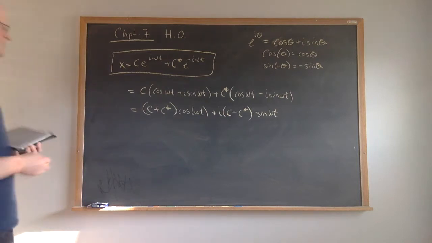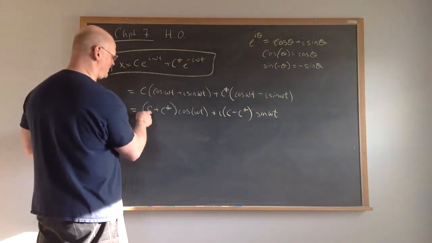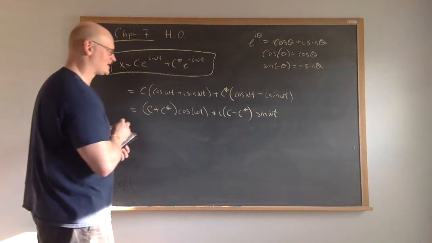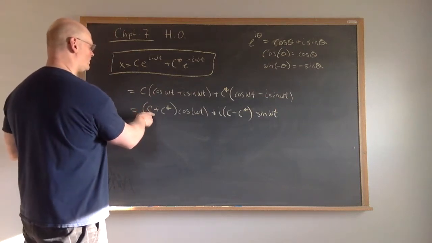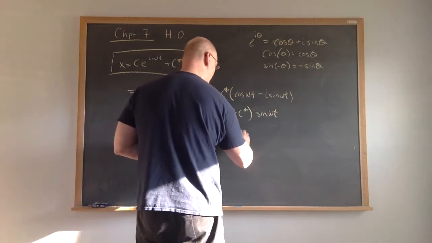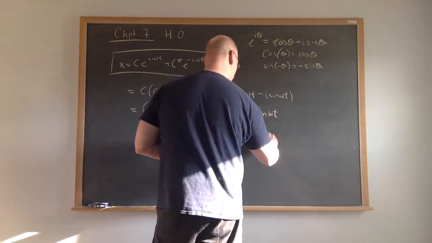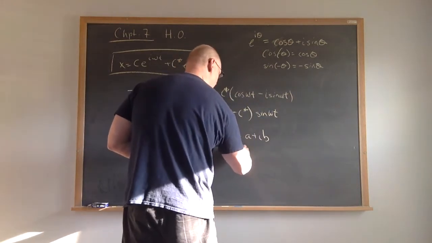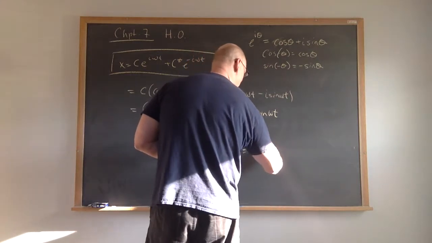Now, it turns out that if I add two complex variables together, where I'm simply taking the complex conjugate, so again, if I go back to a, remember a was equal to a plus i b, which means a star is equal to a minus i b.